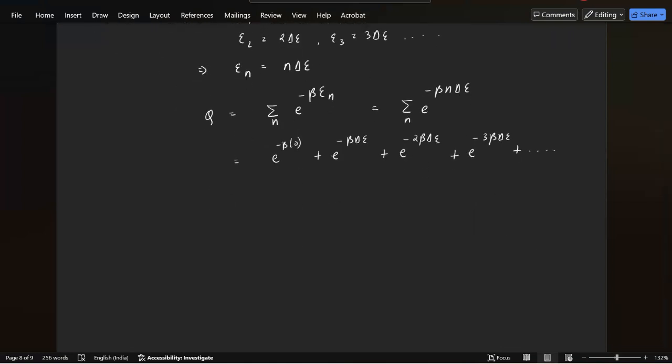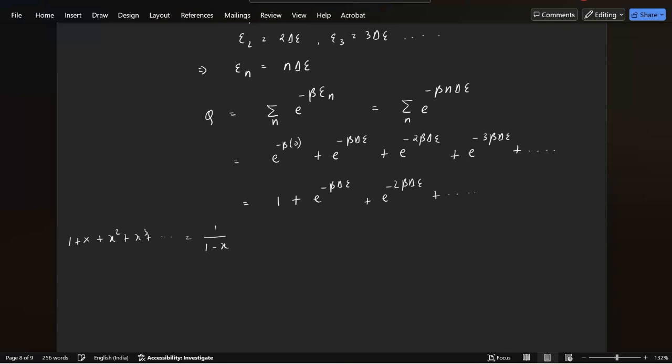Okay. So this is 1 plus e^(-beta delta E) plus e^(-2 beta delta E), and so on and so forth. Now, do you remember 2 weeks back we spoke about the formula like this: 1 plus x plus x squared plus x cubed plus, till infinity, it will be 1 by 1 minus x.